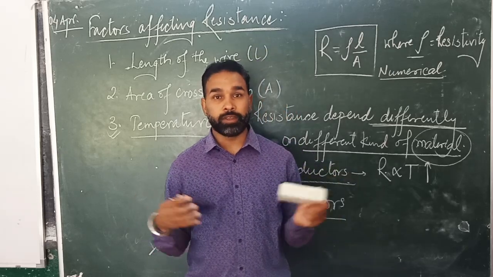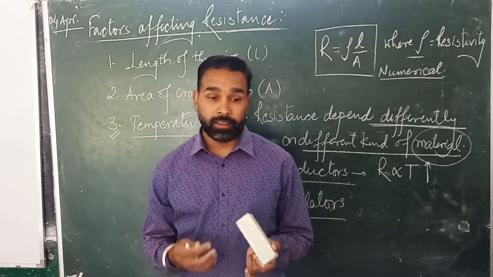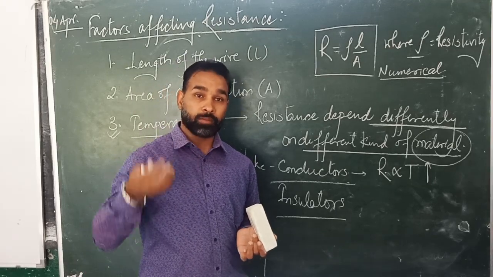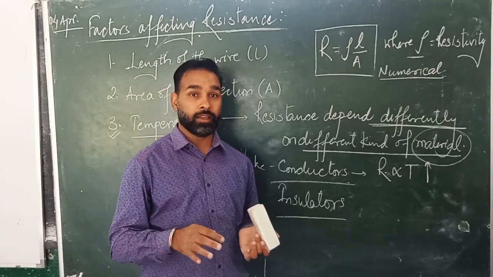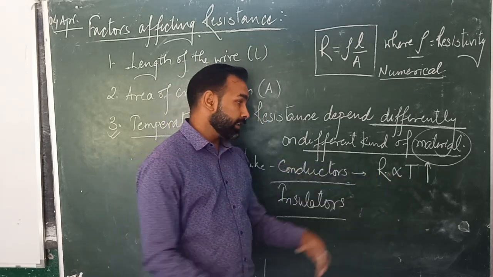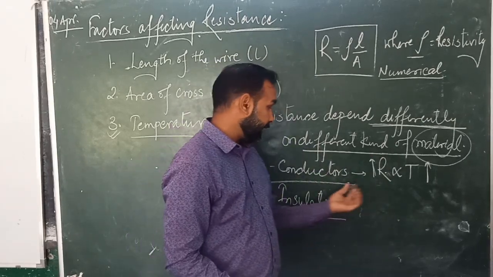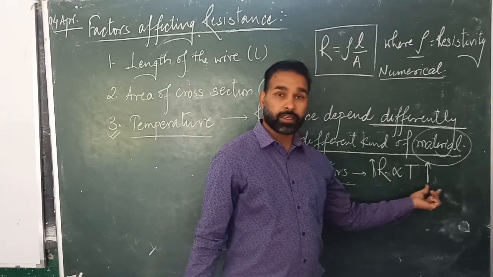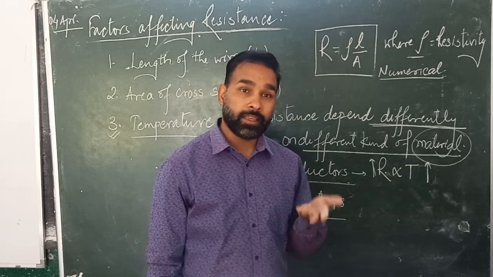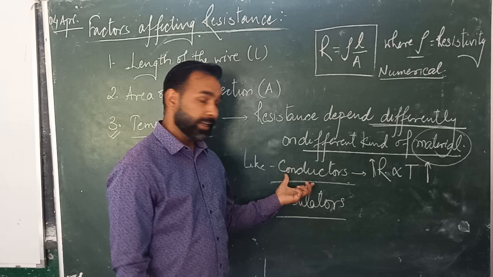They will start moving at a fast rate, because of which collisions will increase and the electrons will start diffusing, so the number of electrons will start reducing. When the number of electrons reduces, the resistance increases. So for conductors, when temperature increases, the resistance of the material will also increase and less current will flow through the conductors.